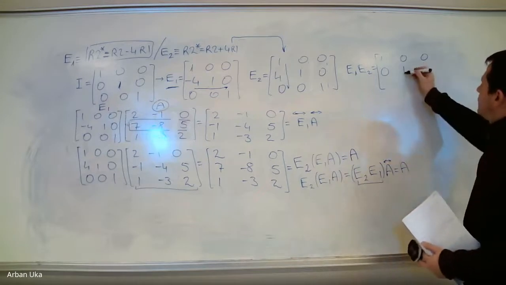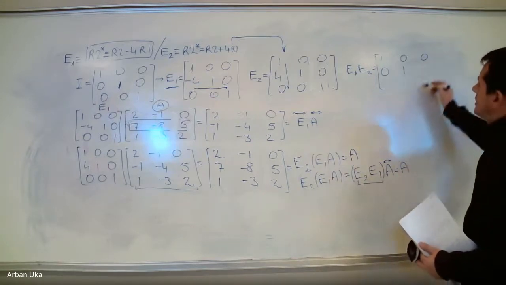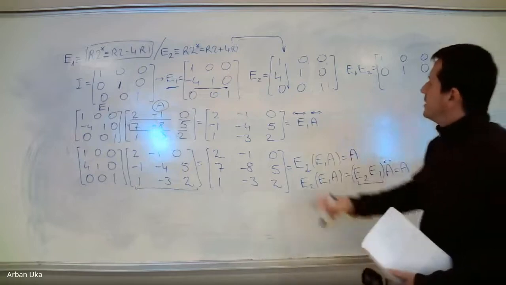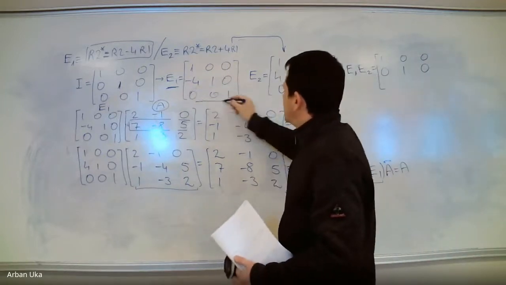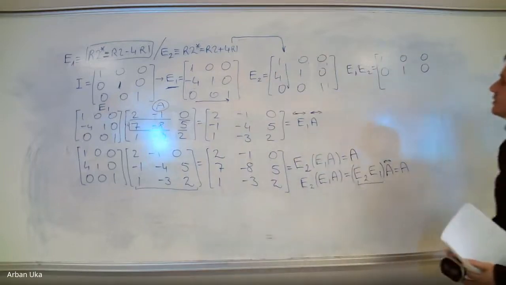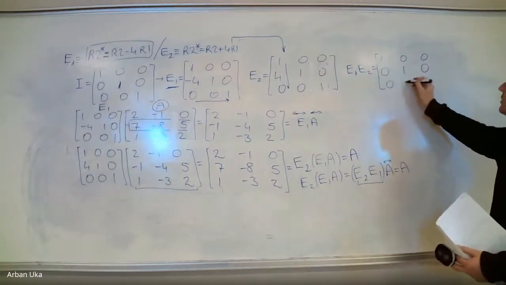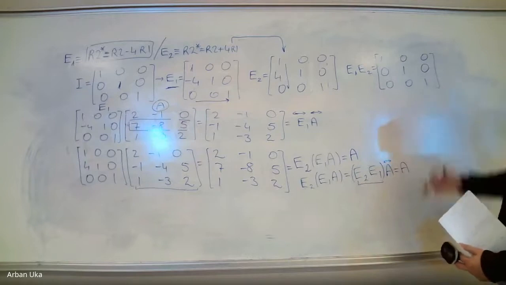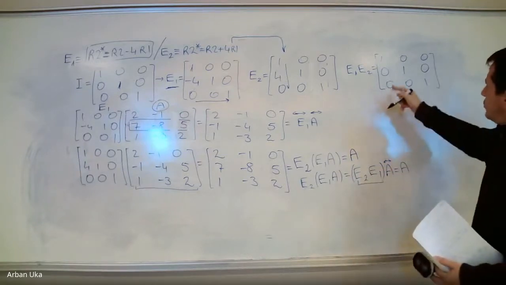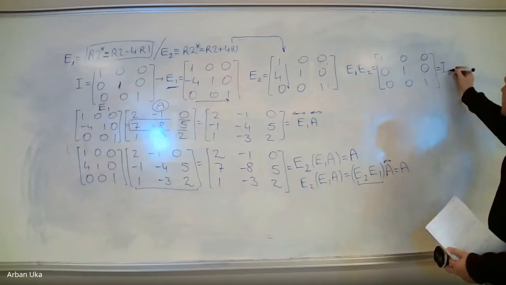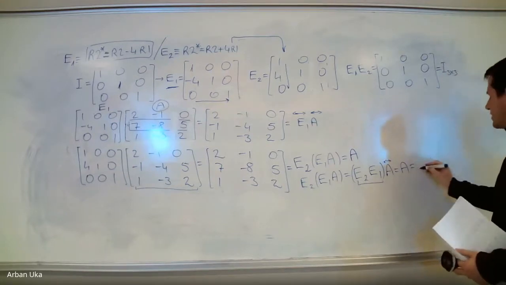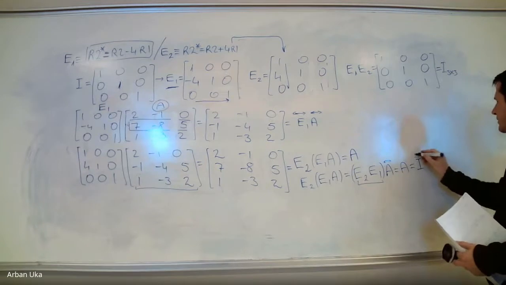Here we get 1, and then we get 0. Then we multiply the third row. This is how we do multiplication. So we get here 0, 0, 1. So it looks like E1 times E2 is really equal to the identity matrix. We call this one I, 3 by 3. Okay, so this is equal to the identity matrix times A.